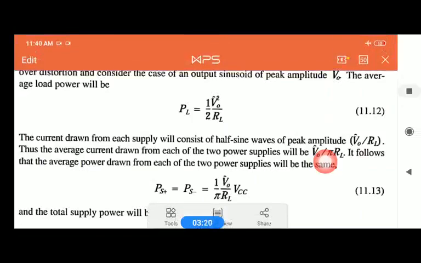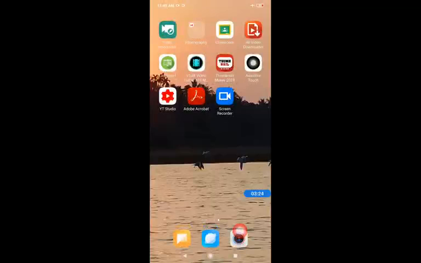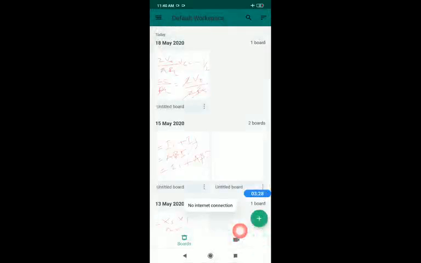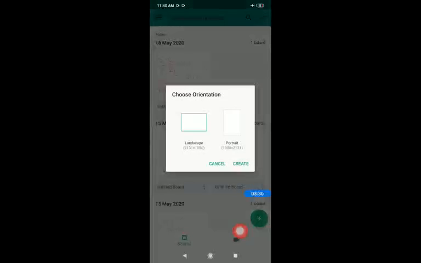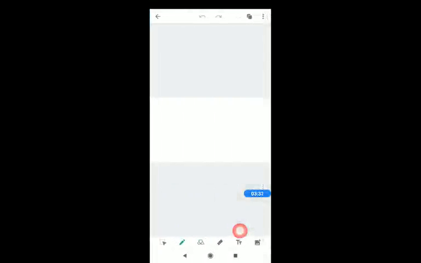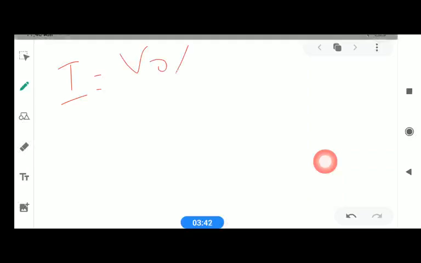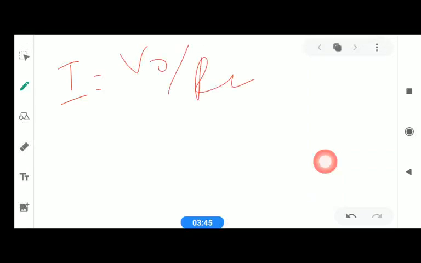If you go to the digital board, you'll see here, I is the current which is flowing for a half cycle, equal to V0 by RL.